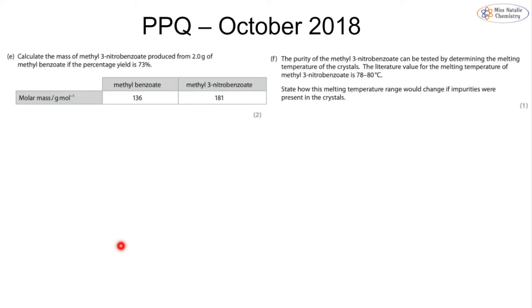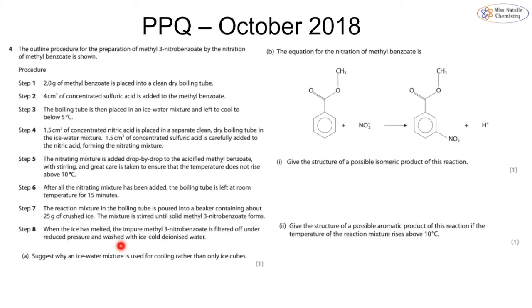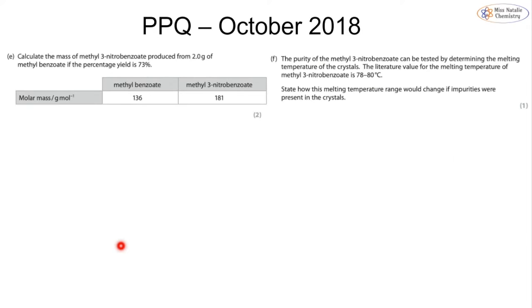So we want to calculate the mass of methyl 3-nitrobenzoate produced from 2 grams if the percentage yield is 73. So if we just go back, we can see that we're going to have a 1-to-1 ratio. So I can work out my number of moles is 2 grams divided by my molar mass, which is 136, which gives you 0.0147. It is a 1-to-1 ratio.